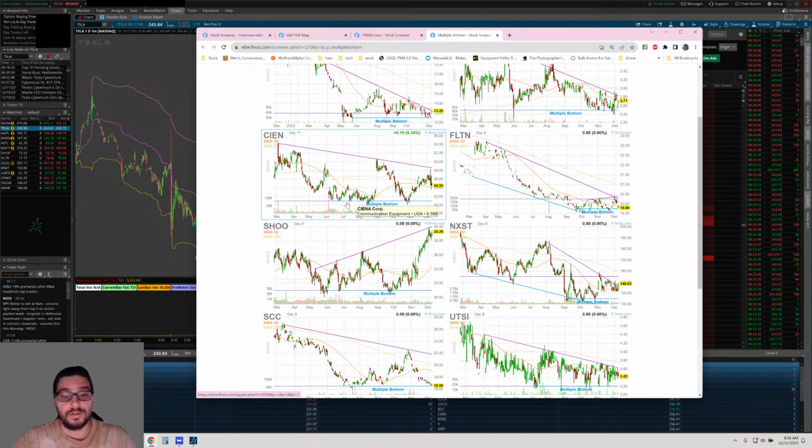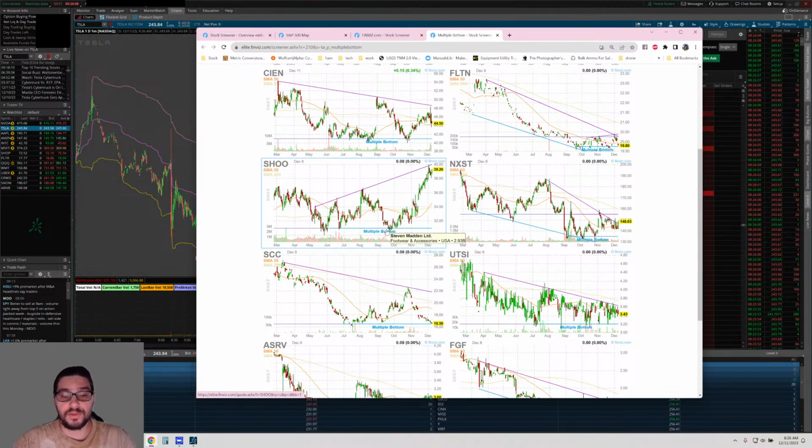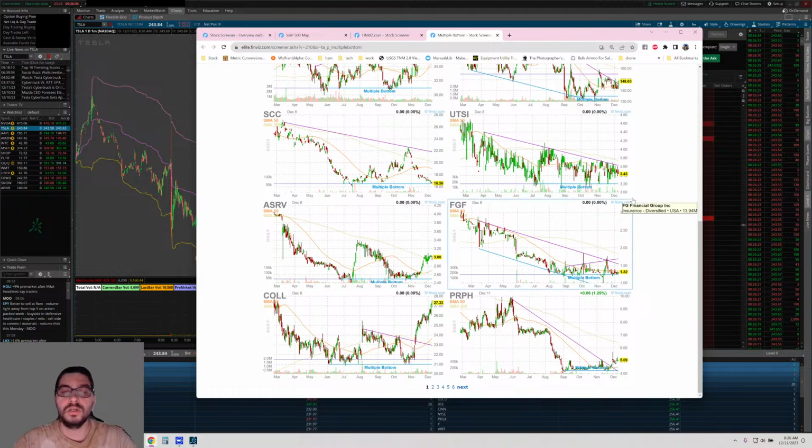Right here there are multiple bottoms, but it's kind of elevated already, so I would skip this one. Same thing with this, but you do have a really nice continuation. You might decide to trade that. The 200 and the 50 did cross, which is generally a bullish signal. That one is still kind of dropping, but it is a multi-bottom, so maybe a small investment, in the hopes that it could climb back up and out.